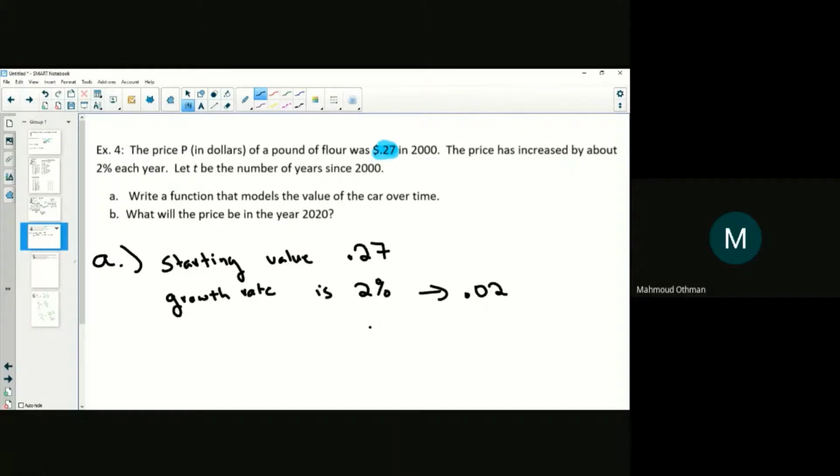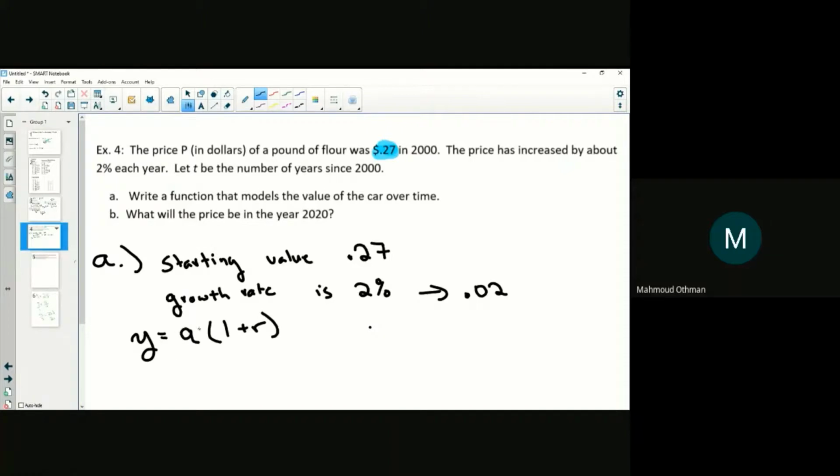Then we have to use our exponential growth equation, which is y equals a times the quantity 1 plus r, which is our rate.